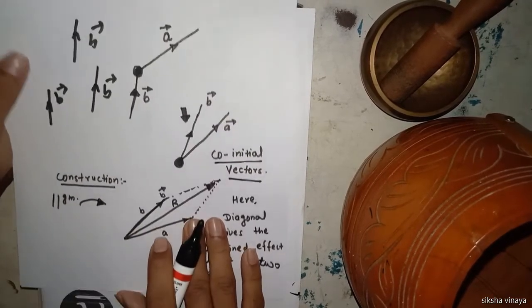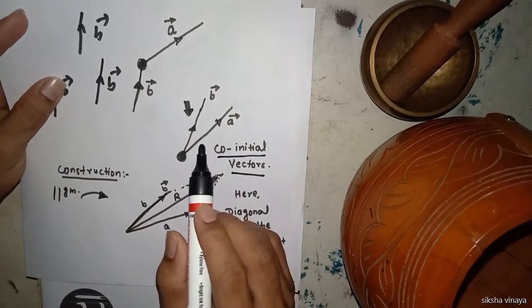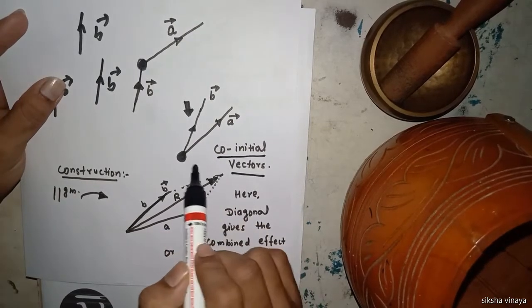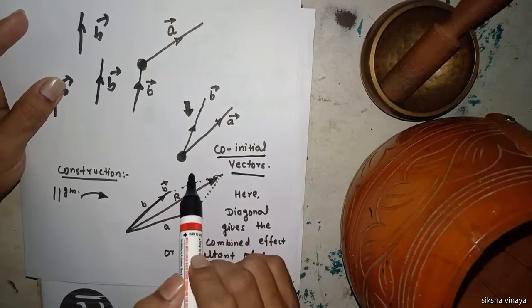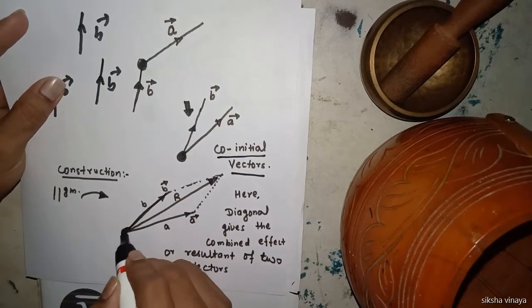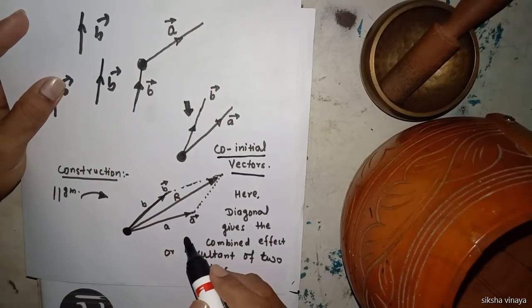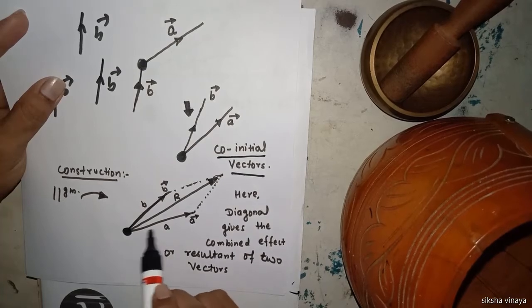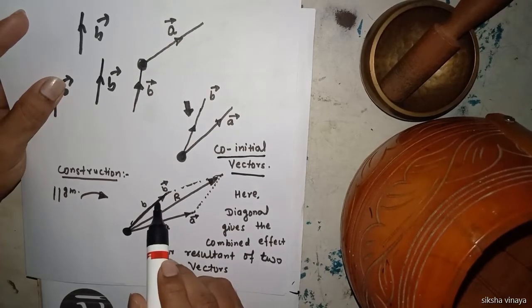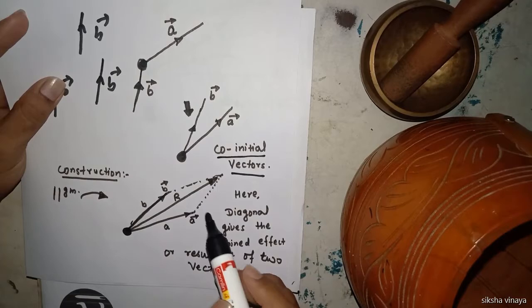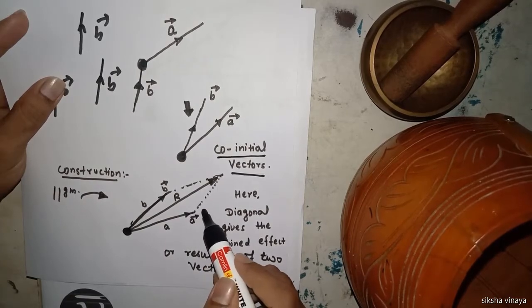Now for the addition, first we have to take the tails of these vectors at the point of application. I have taken A and B. Now I have to draw a parallelogram.